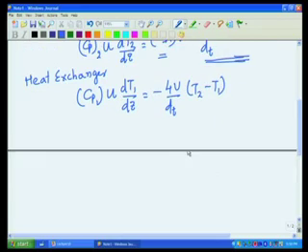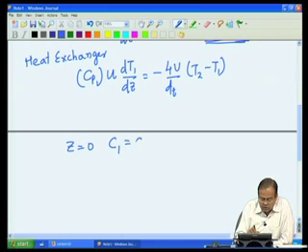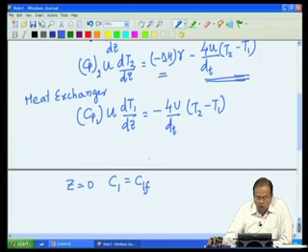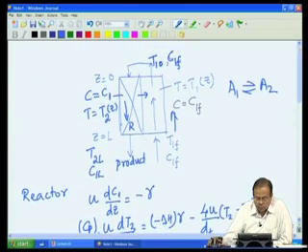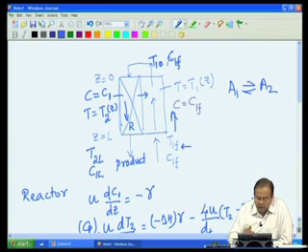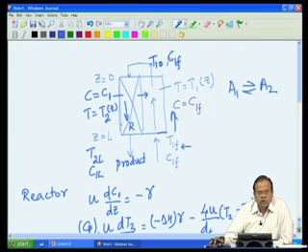So I can safely write that at the inlet of the reactor, concentration is C1F. Okay, what about temperature? T10. I do not know what that temperature is, because all I know is my feed conditions. So I know what the temperature is at Z equal to L, but I do not know what that temperature would be at Z equal to 0.